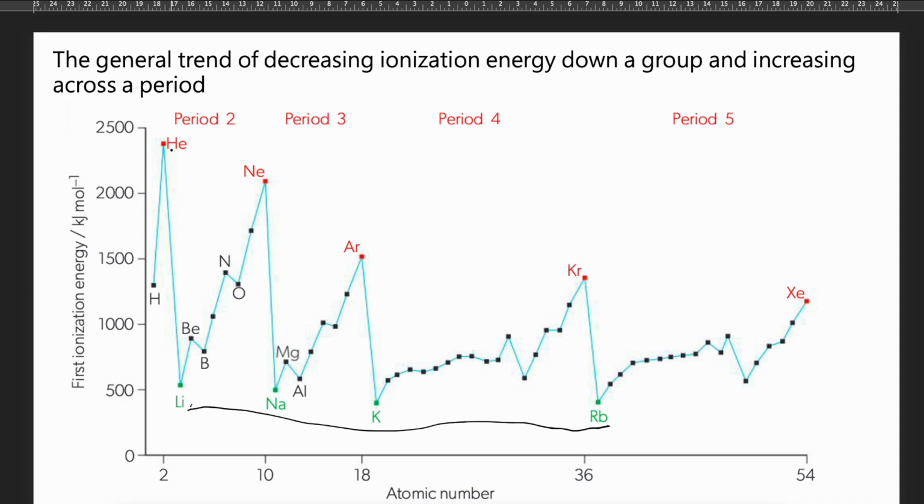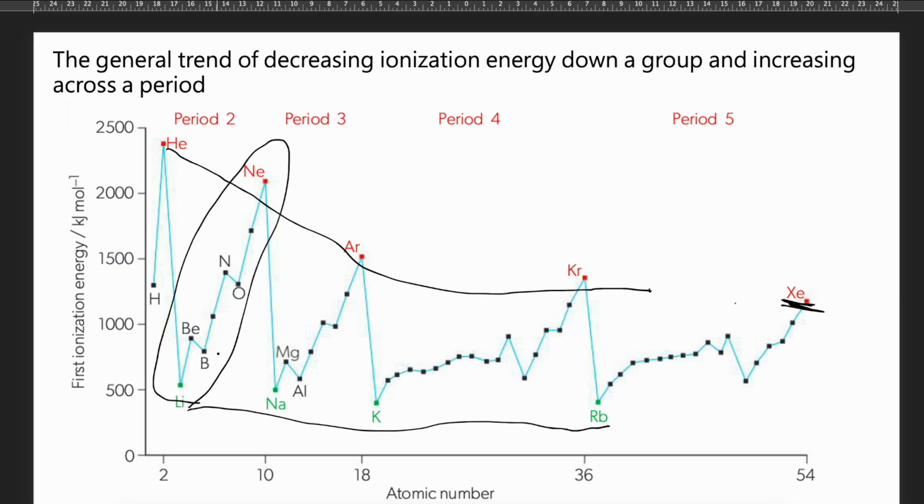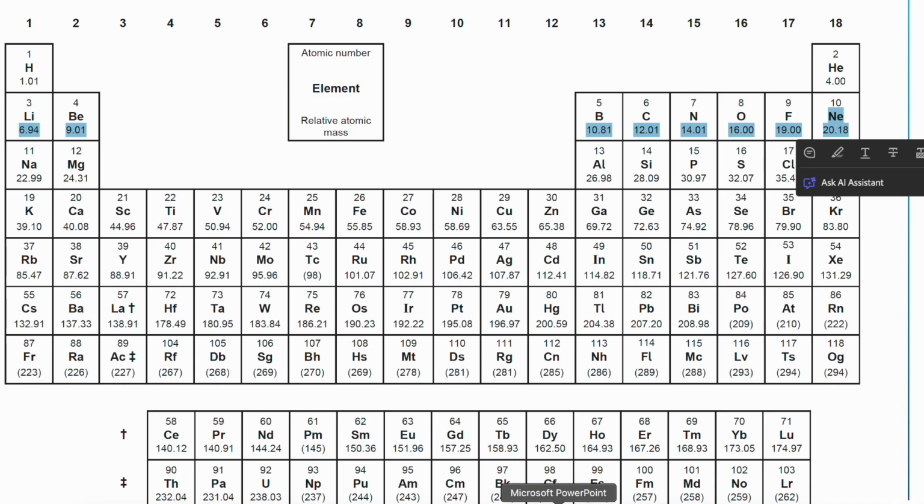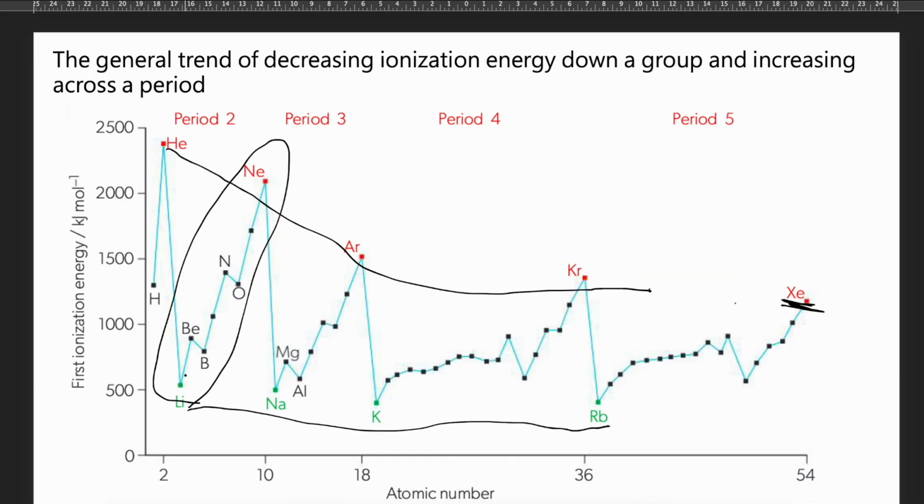And then across a period, we can also see, for down a group, from He to Xe, this is group 18, it reduces down a group. And now for this, Li to Ne across the period, you can see it increases.